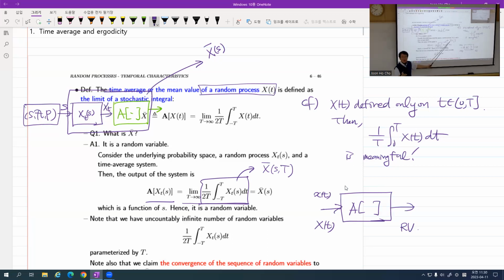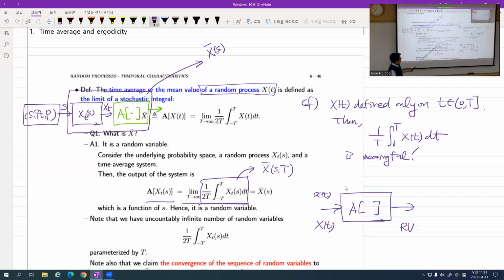Now, how many random variables do we have? Uncountably infinitely many. However, these uncountably infinite random variables are also ordered. If capital T is 1, that integrates over a small interval. If capital T is 100, then it integrates for a long time.